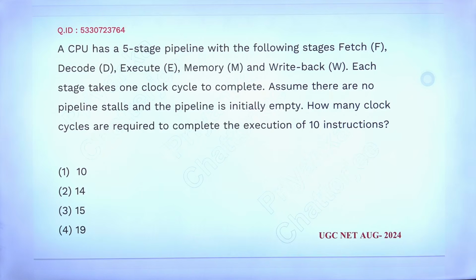This is also a direct question. Just by applying the formula, you can get the answer. Direct formula.